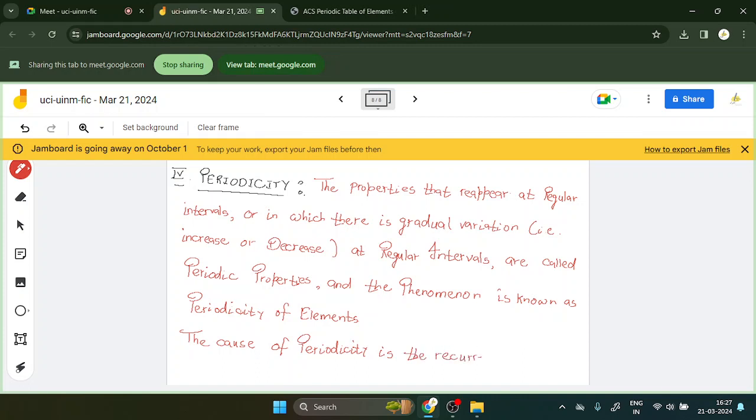Very important points which I am writing right now. Clear? This is the periodicity.